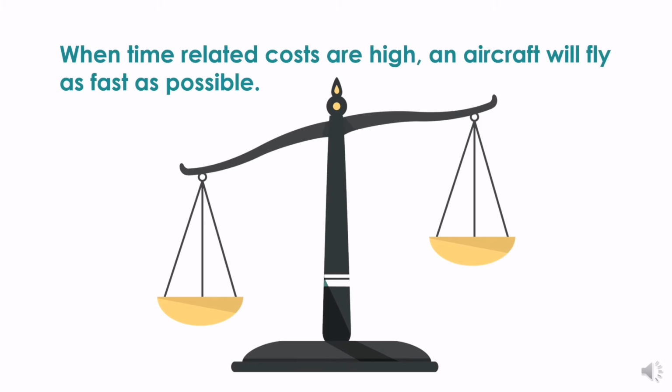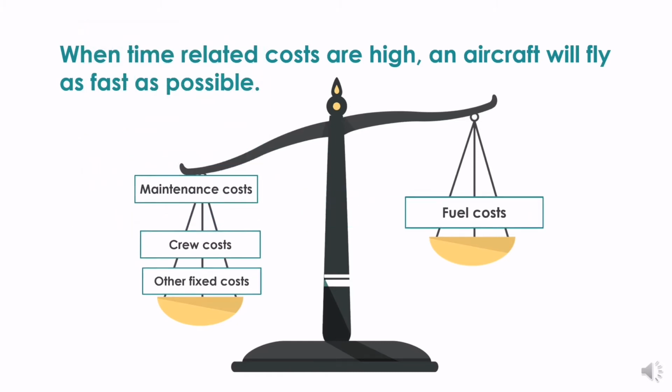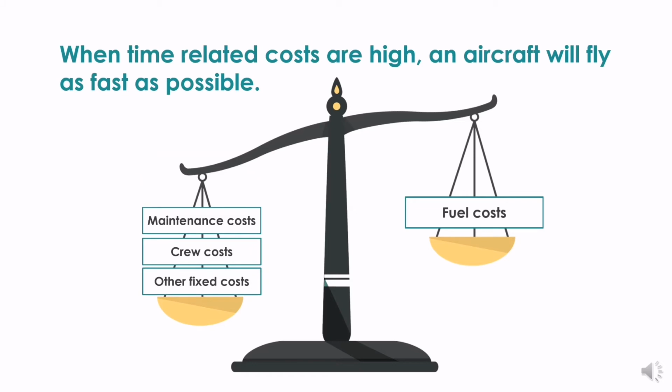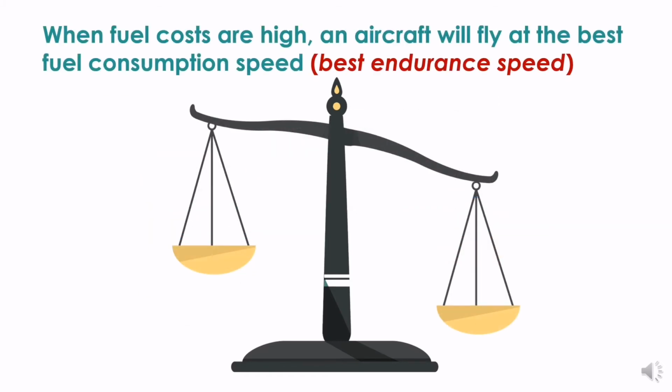When time-related costs are high, an aircraft will fly as fast as possible. When fuel costs are high, an aircraft will fly at the best fuel consumption speed or the best endurance speed.